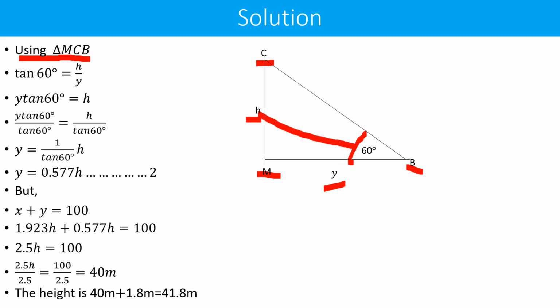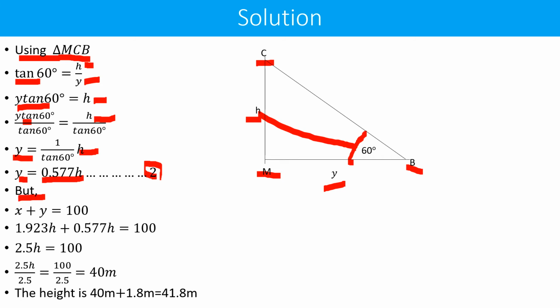Tan 60 is H over Y. We cross multiply, we will get Y tan 60 is equal to H. Then divide both sides by tan 60, so Y will be equal to 1 over tan 60 times H. So Y is equal to 0.577H. Then label that one equation 2.